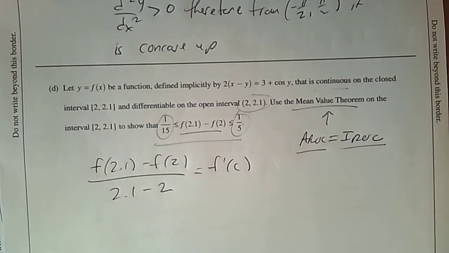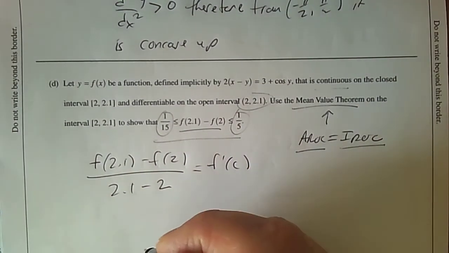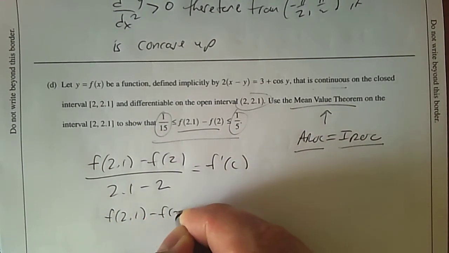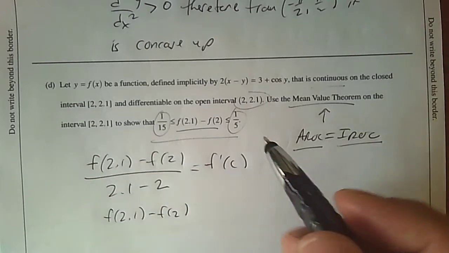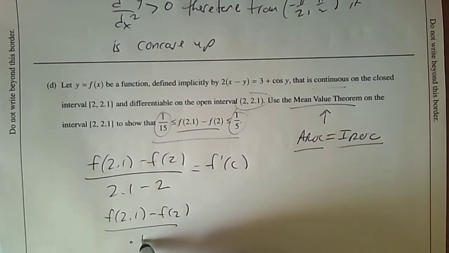And that's from 2/3, so I can see the middle part here, f at 2.1 and so on. This part here is 0.1.